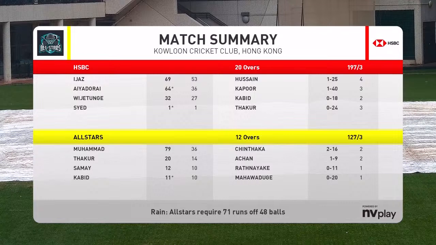Sad news here from Kowloon Cricket Club as the rain continues to pour. The game is done, and the Allstars, well, it's good news for them. They're going to get the win here by DLS. We'll get the computer to judge what the win is.